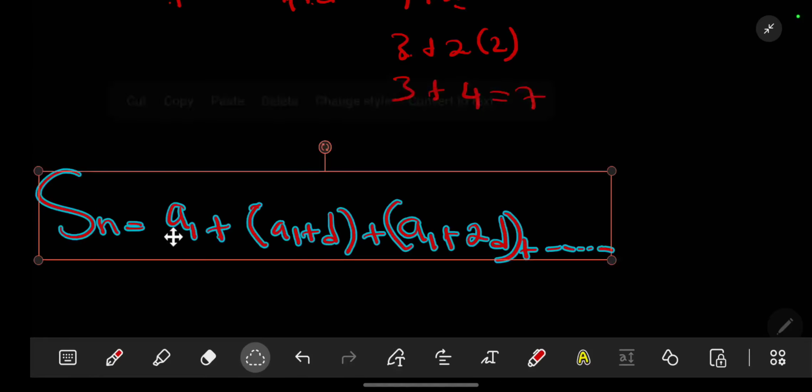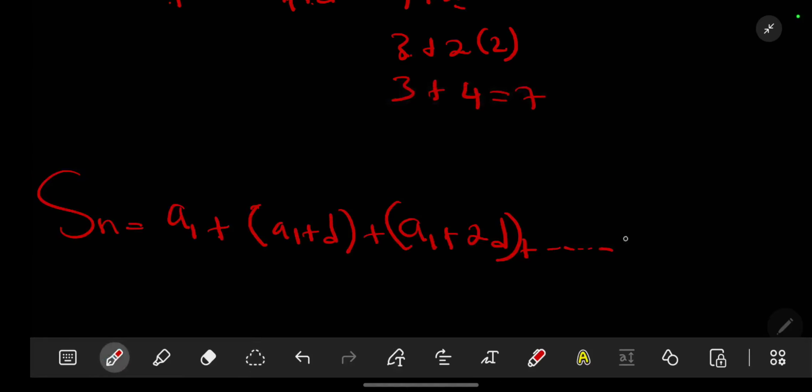Take note of the behavior of the equation. It is such that we are going to have plus our A1, then we have plus. Now since we are moving, as you can see, the first term, term number 1, term number 2, D is having the coefficient of 1. Term number 3, D is having the coefficient of 2. For the next term, the coefficient is always less than the term number by 1.